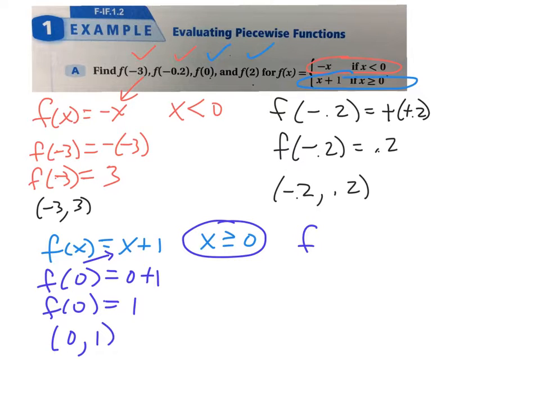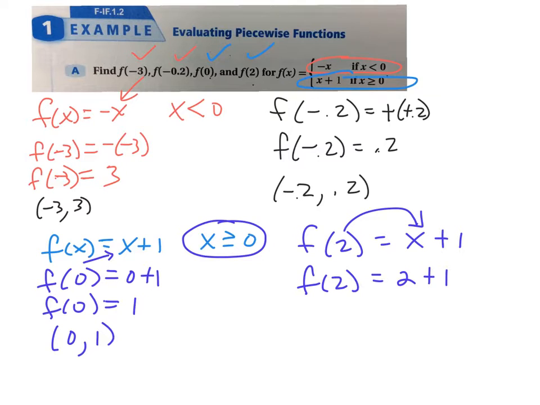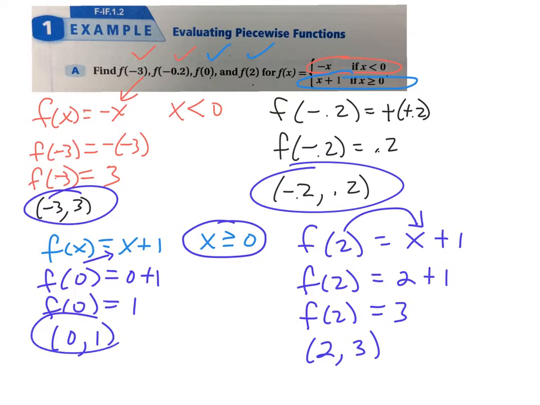Well, let's do it for f of 2. Into x plus 1, we're going to plug that 2 in for x. And so f of 2 equals 2 plus 1. I didn't put parentheses around it because there was nothing on the outside that was going to change it. So f of 2 is equal to 3. All that means is when x is 2, y will be equal to 3. And notice it gives you a coordinate point afterwards.